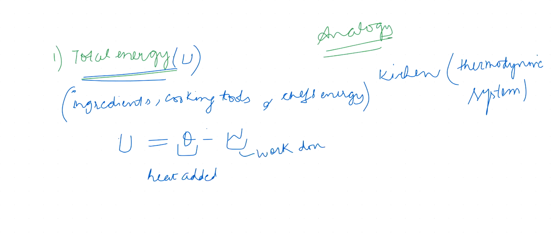In the kitchen analogy, we can consider Q as the firewood and work done as chopping, the energy spent in chopping or something else. So this is the external heat provided and this is the energy used by the system. If the chef of the kitchen receives extra ingredients or gets energy from this firewood, or he spends his energy on chopping, which is considered work done, then his total energy changes.